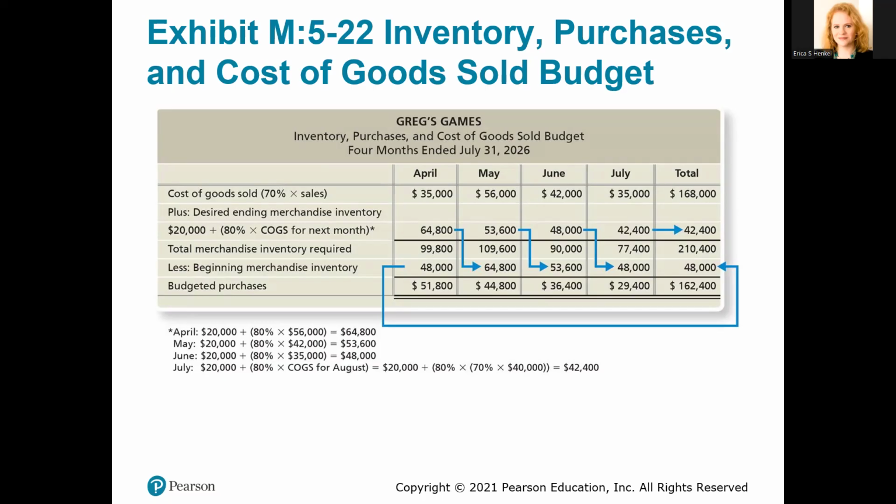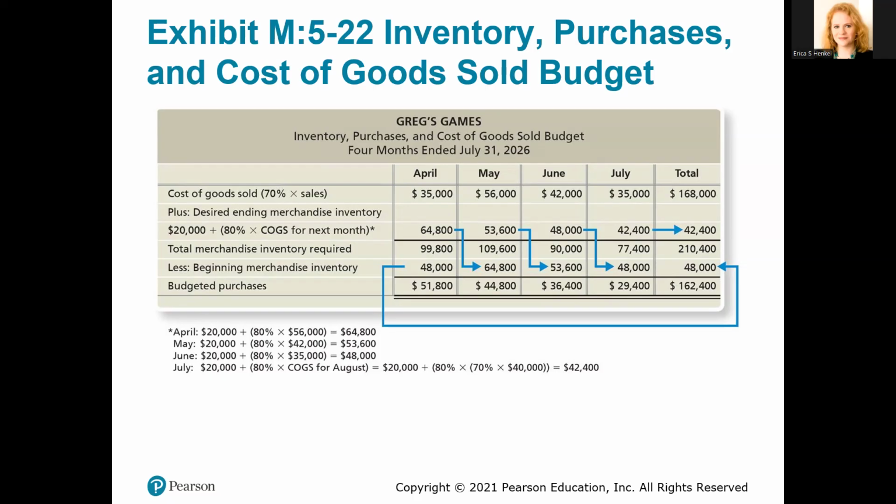We know what our budgeted sales are going to be, which we did way back in our original sales budget. Our cost of goods sold is going to be roughly 70% of our sales in this case. So they are taking each month's sales amount and applying 70% of sales to it.